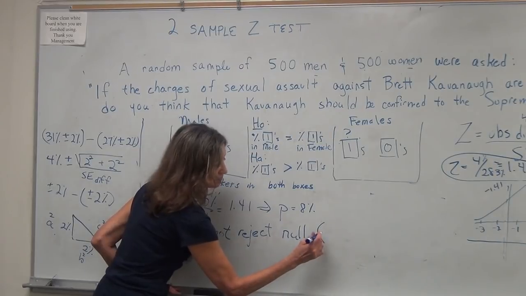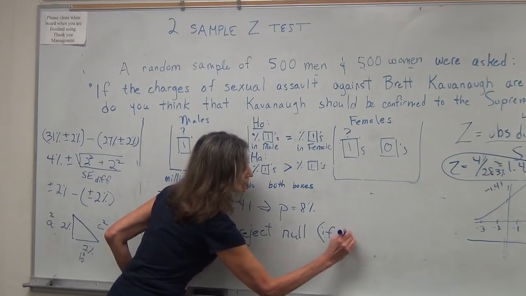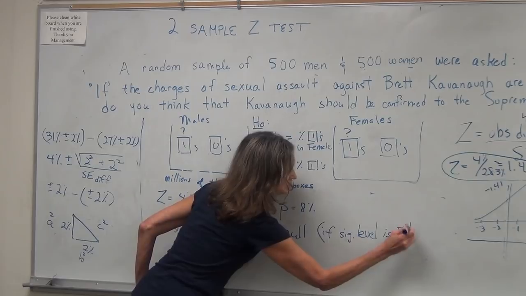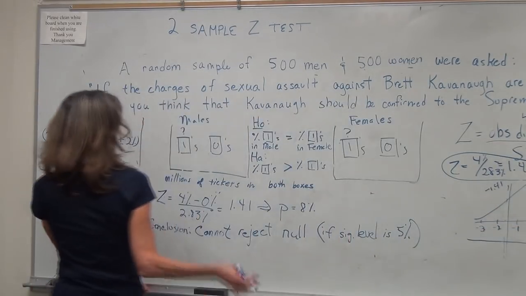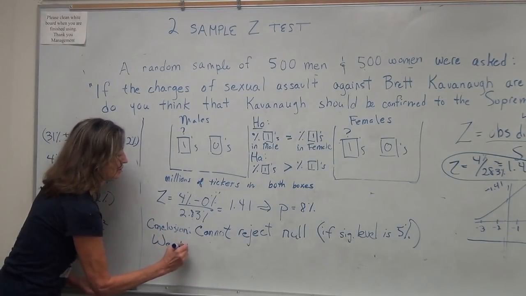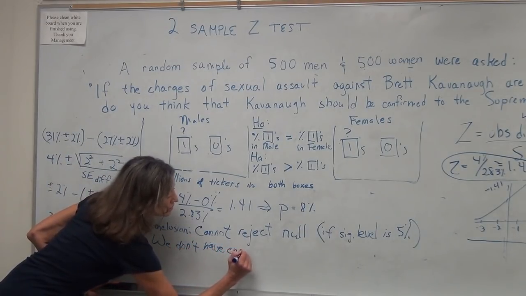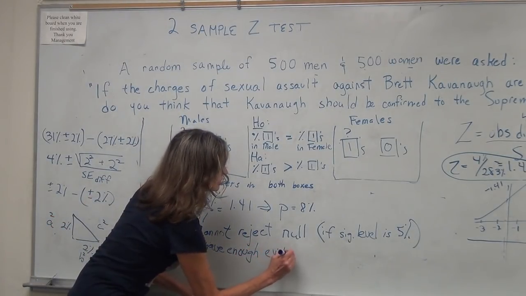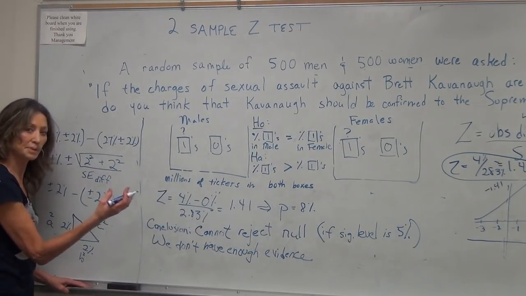If we set the significance level at 5%, which is a very conventional cutoff, we cannot reject the null, so we conclude we don't have strong enough evidence to conclude that this difference that we see would hold up in the whole population.